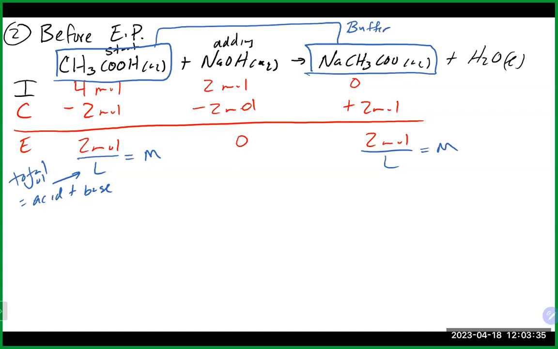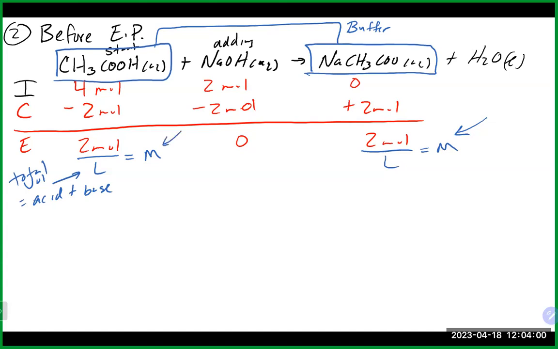So as we talked about before here, you cannot have a buffer that's made up of a strong acid or strong base, but you could use, for example, like we did here, a strong base and a weak acid and react them. And the buffer actually comes at the end of that reaction. So the strong base is no longer there, but the results of that reaction creates a buffer in this particular case.